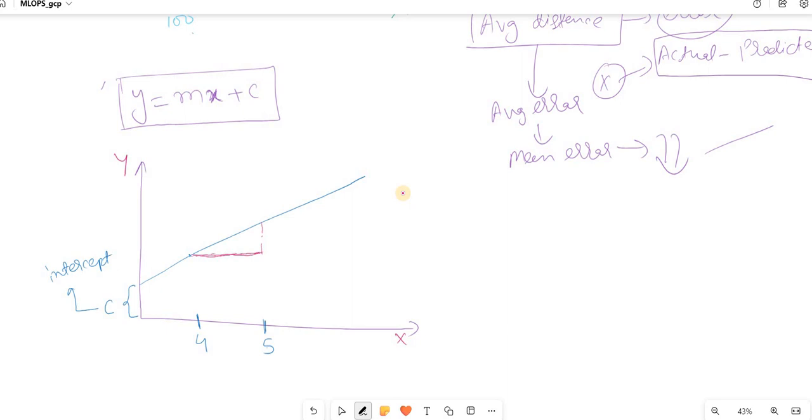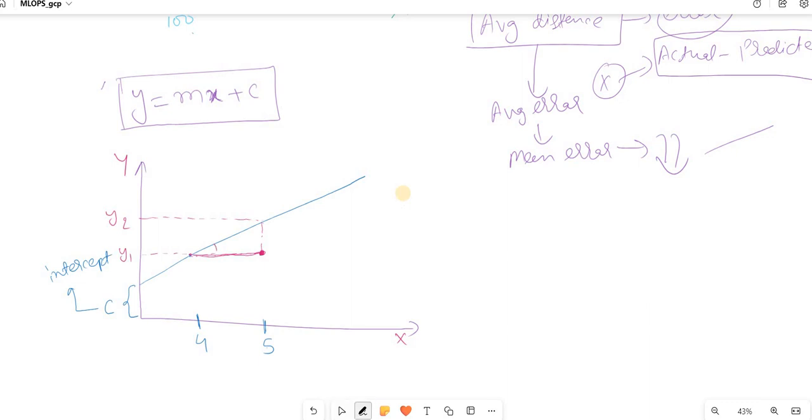What change do you see in the y value? For point 4, let us assume y1 is the value. Now when I moved from 4 to 5, which is 1 unit, the value changed to y2.